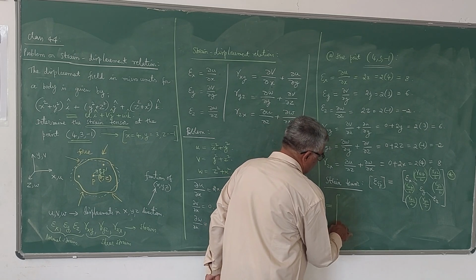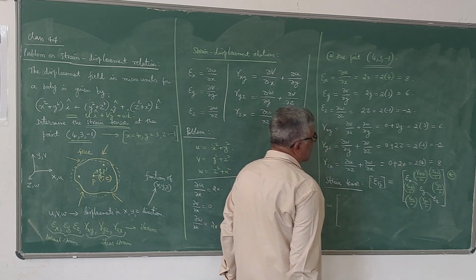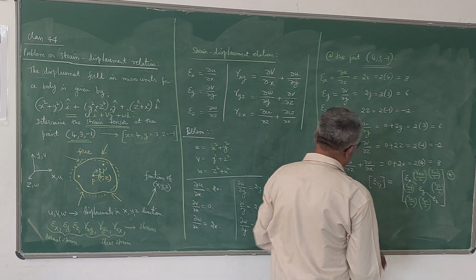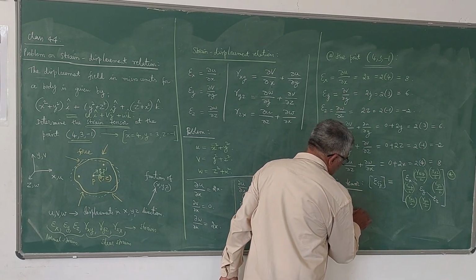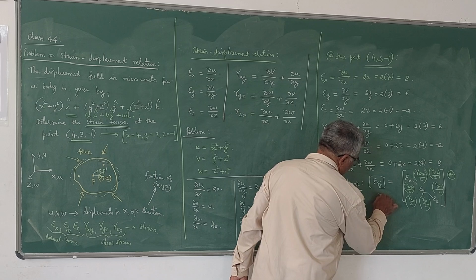So here epsilon x, epsilon y, epsilon z come first. Epsilon x is 8, 6, minus 2. Here 8 comes, 6 comes, minus 2.